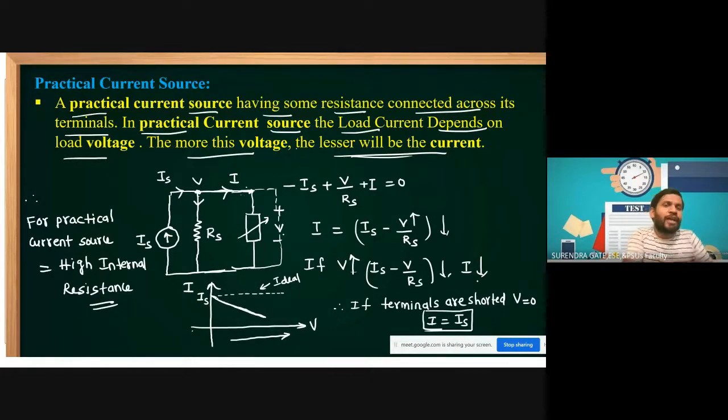Even the voltage source, the practical voltage source. I am talking about the real sources, not the ideal sources. Real sources, in the sense practical sources. The voltage and current relation in the case of practical sources is not a linear relation. Always it is a non-linear relation. That's why every source is treated as non-linear.